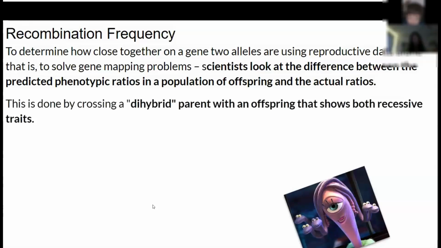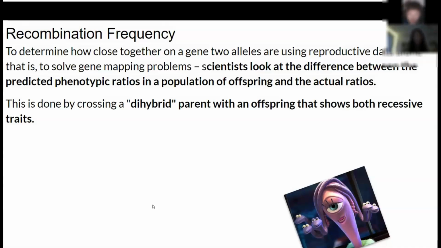So what we want to do is look at a trait that is not just monohybrid, right? You wouldn't see a crossover if you didn't have 2 reference points. So you have to look at 2 different traits that appear to be on the same chromosome. And what makes them seem to appear on the same chromosome?